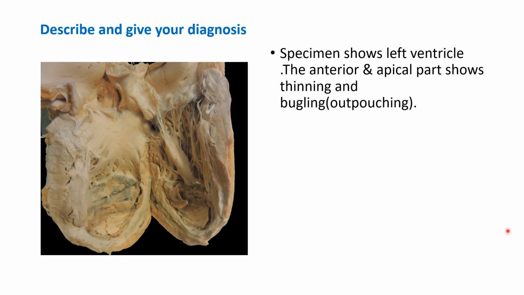Now you can note that here again the original thickness is about 2 centimeters, but because of the old infarct there is an outpouching of the wall of the myocardium at the apical and apicoseptal region. This thinning and outpouching is known as aneurysm. So this thinning and outpouching of the apex and part of the interventricular septum is known as apical aneurysm.